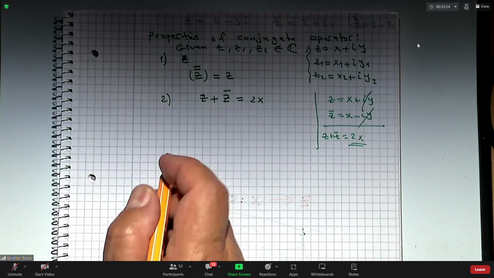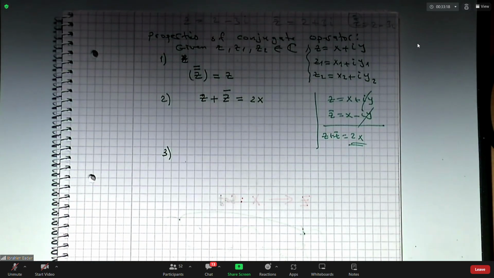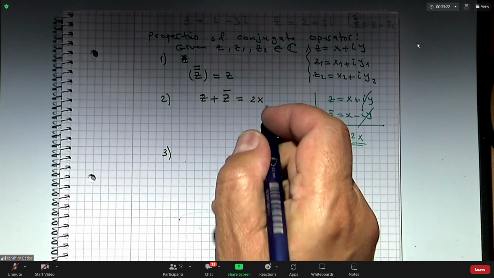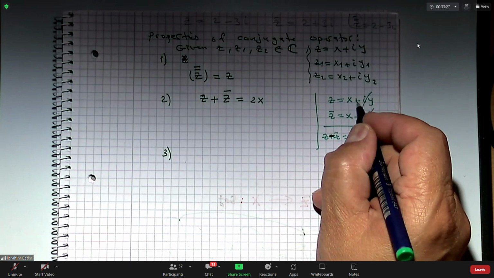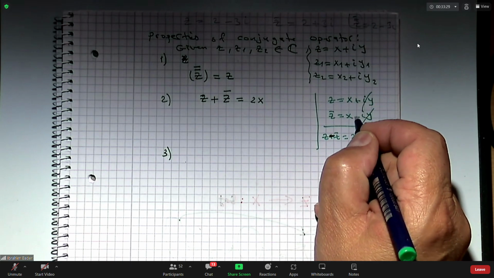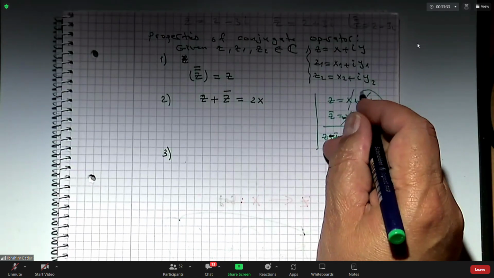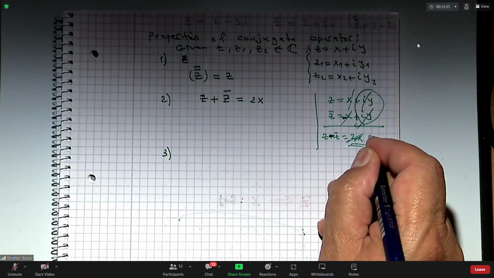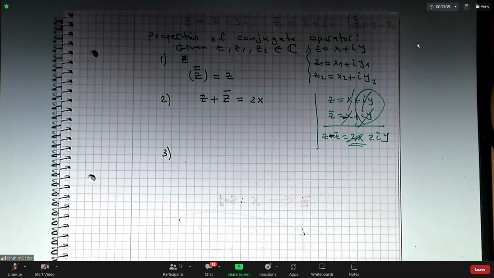Now, if we have the subtraction, in the subtraction I will be having a negative here. So this will be negative, so this will be plus. In this case, x will cancel out and I will be ending up having twice iy.